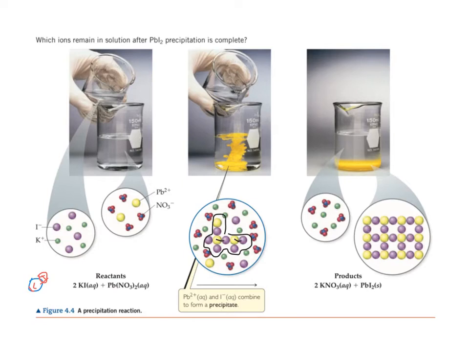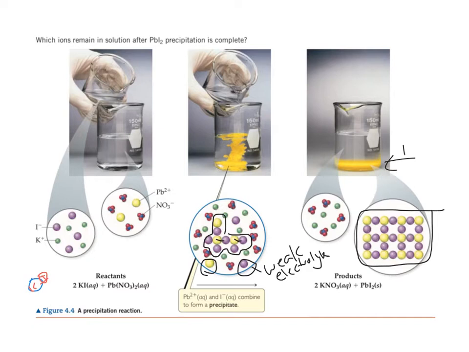Now if you look carefully, and we'll come back to this later, not every single lead and iodide formed the solid structure, but almost all of them did. We'll come back to that when we talk about weak electrolytes. Okay? So at the end, we have our solid, which is the yellow stuff.